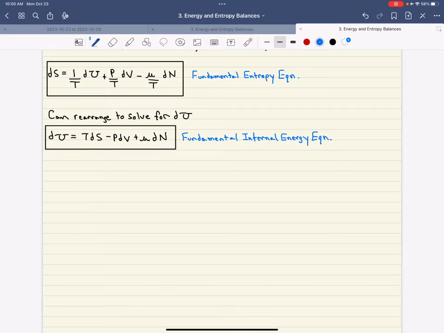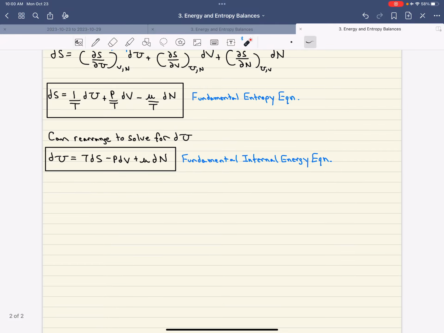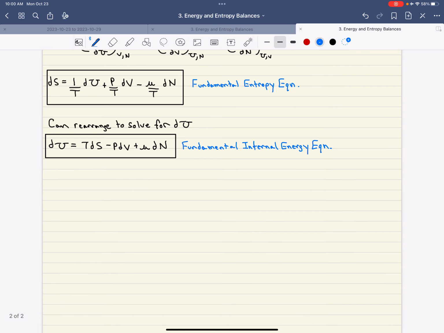And so this equation, since all we did was rearrange this one, it's equivalent to the fundamental entropy equation, but it's more commonly used, or it's a little bit easier to work with and think about, because there's a simpler connection to temperature, pressure, and the chemical potential, right?